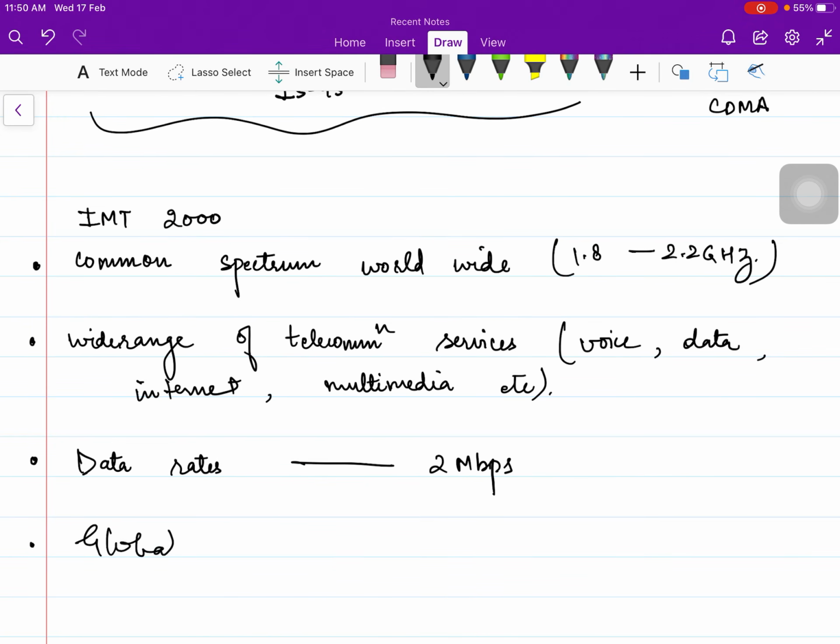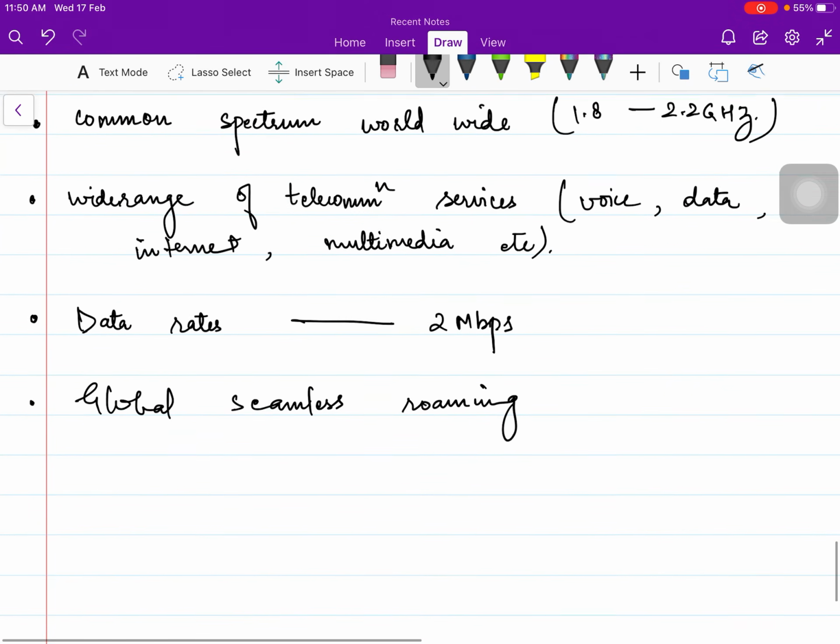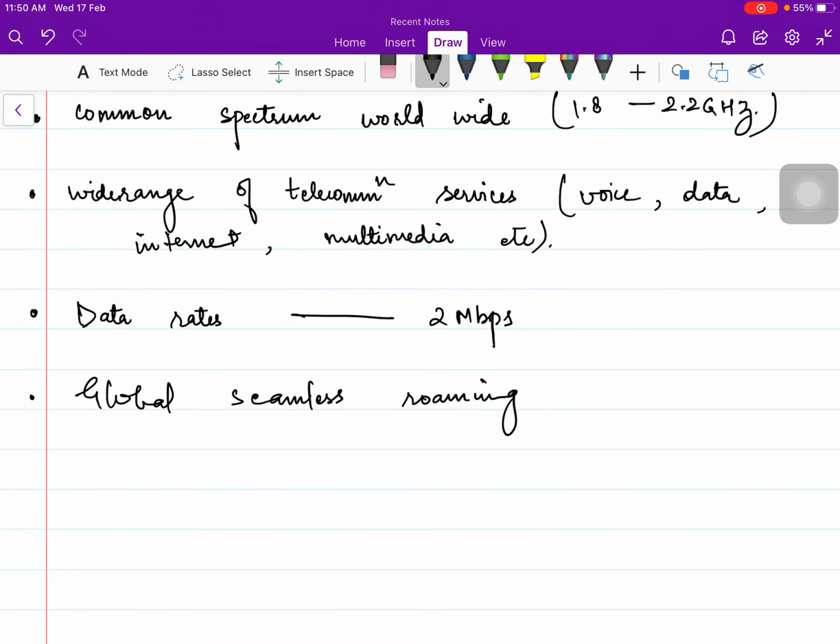Now there is also global seamless roaming. Global seamless roaming means if one person is moving from one country to another, he can use the same mobile handset and he can use the same service provider. Worldwide you can travel anywhere, use the same handset and the same service provider. That is global seamless roaming, and that was available in third generation, along with enhanced security and performance.